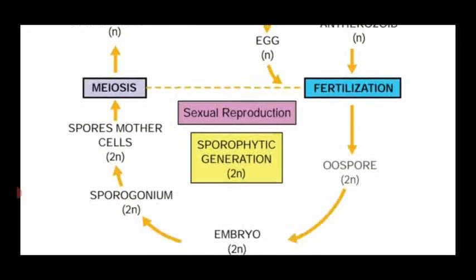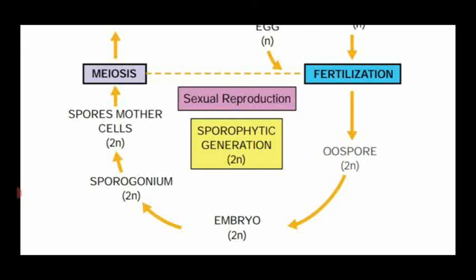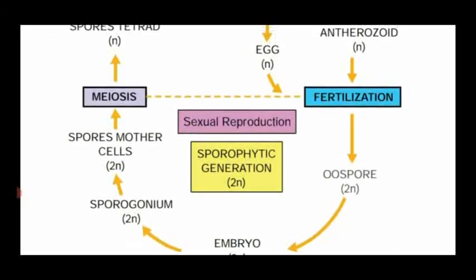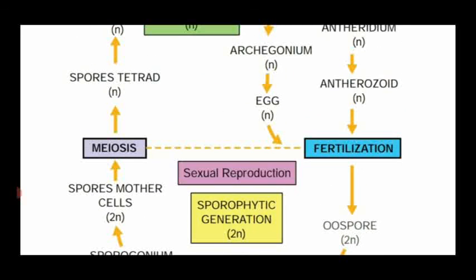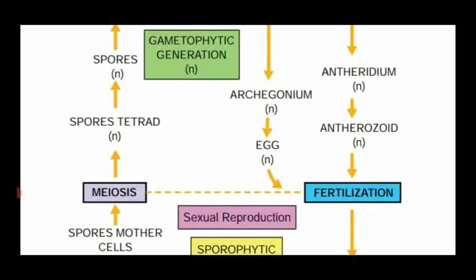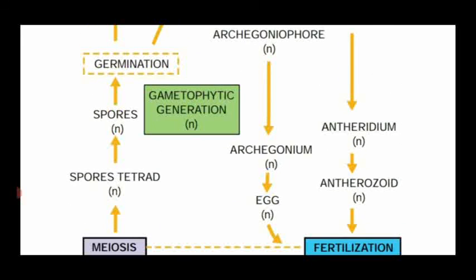Then they produce a diploid zygote or oospore, which develops into a diploid embryo and produces the sporogonium, with spore mother cells. The spore mother cell, which is diploid, undergoes meiotic cell division and develops into a tetrad.